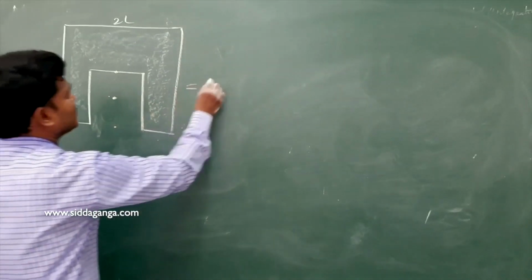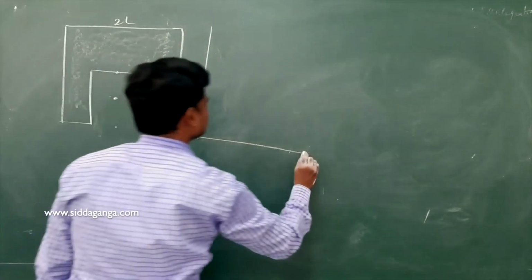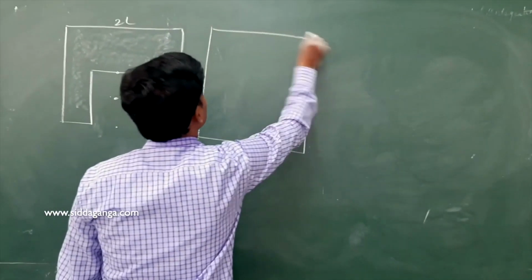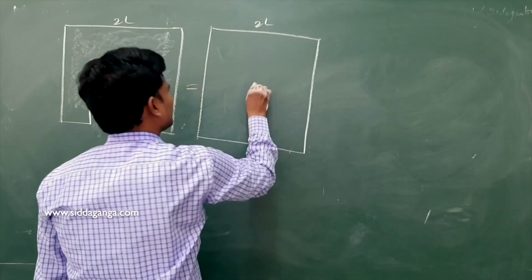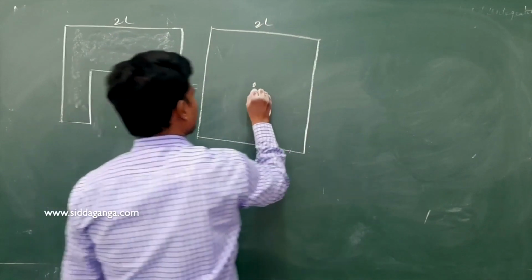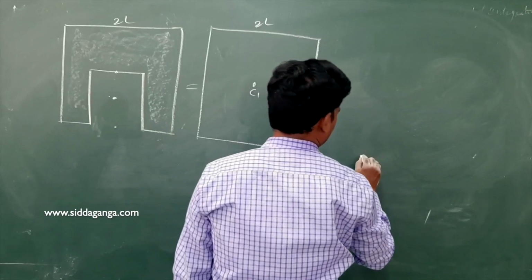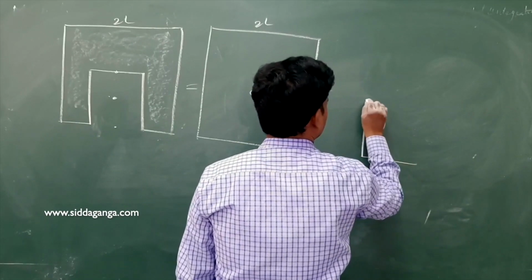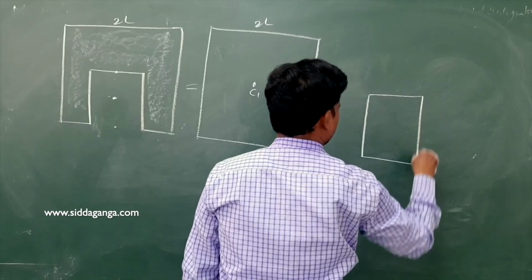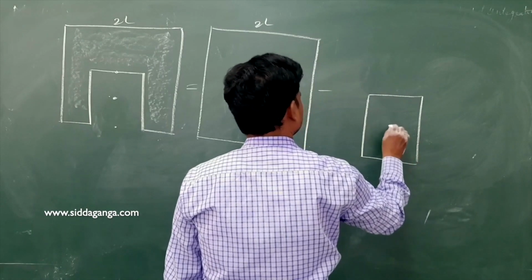Again, this is equivalent to one full square plate whose side is 2L, center of mass is here, and minus, I want to subtract this part, and this is the center of mass.